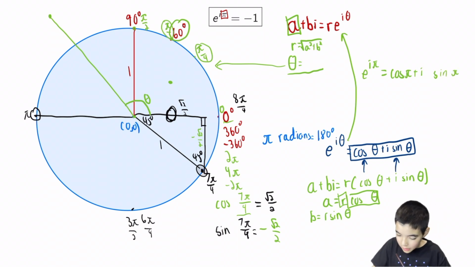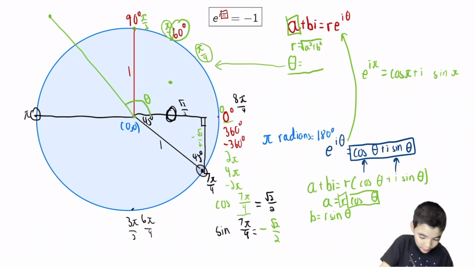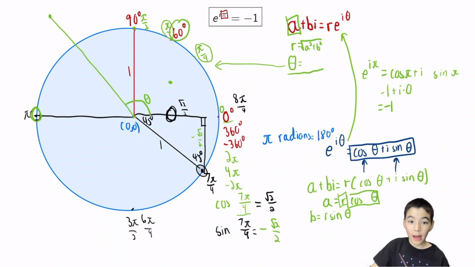So cosine of pi, if we graph that, it's going to be this point over here. The cosine, the x-coordinate, is going to be -1, and sine of pi, the y-coordinate, is going to be 0, which is equal to -1. So that's why e to the power of pi i is equal to -1.